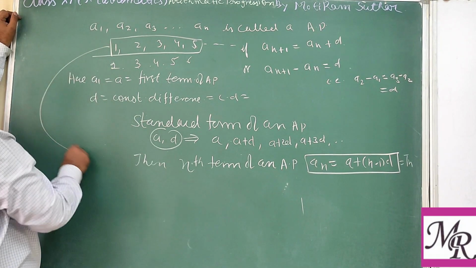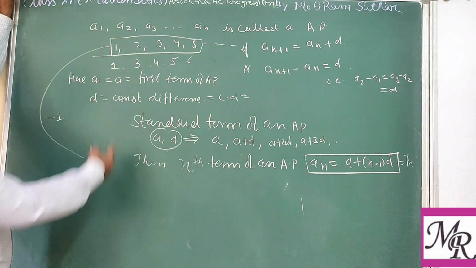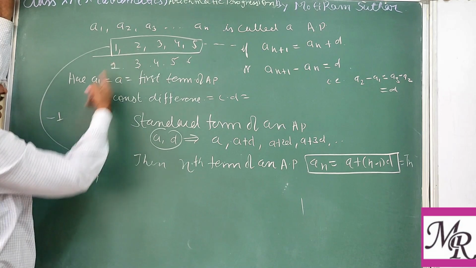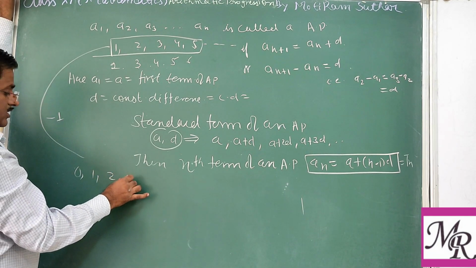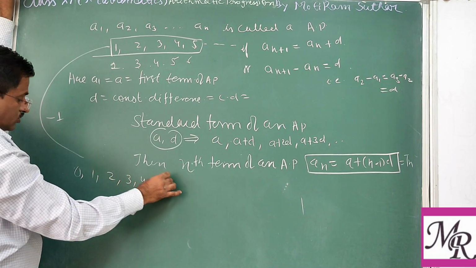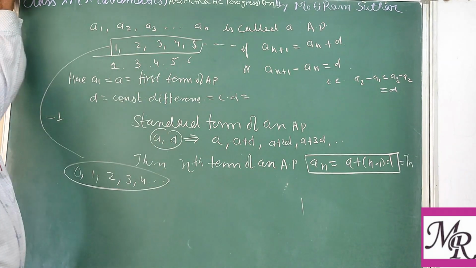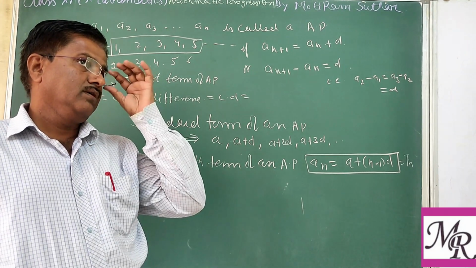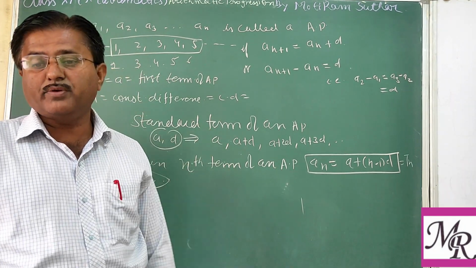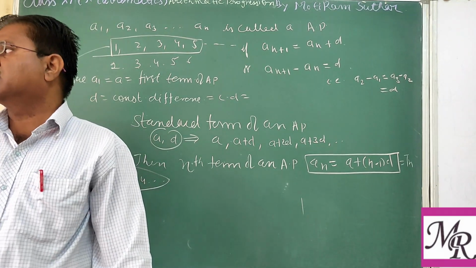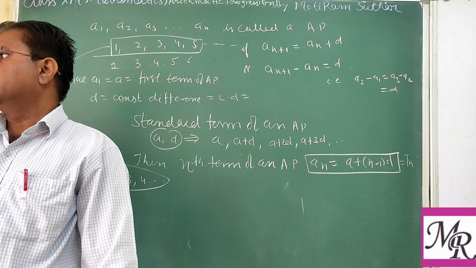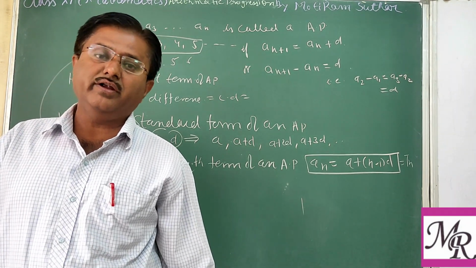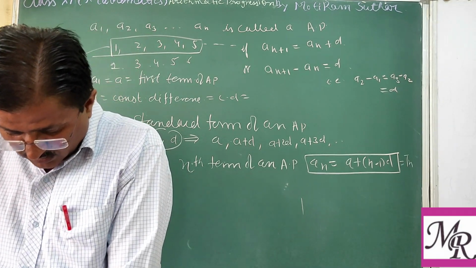Suppose from this we subtract 1: 1 minus 1 is 0, 2 minus 1 is 1, 3 minus 1 is 2, 4 minus 1, 5 minus 1. This is again an AP. So this is the second property: subtracting a constant from each term of an arithmetic progression gives again an arithmetic progression.